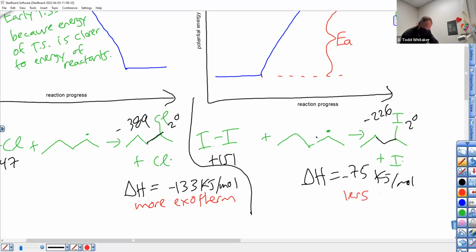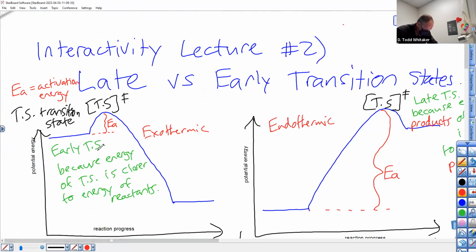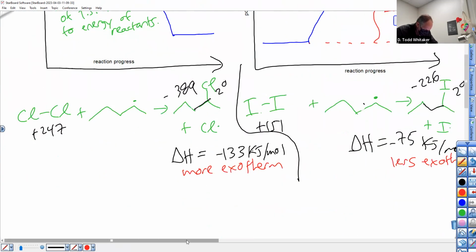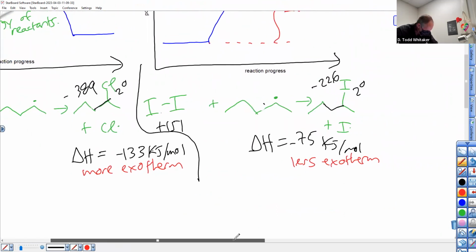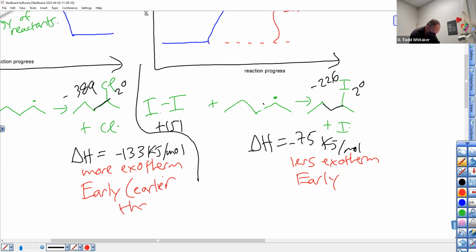Less exothermic. Now, is exothermic early or late? Exothermic is early. Endothermic is late. Okay, but which one is earlier? One on the left. Early and early. Earlier than that. Are we okay? Both early because they're both exothermic.